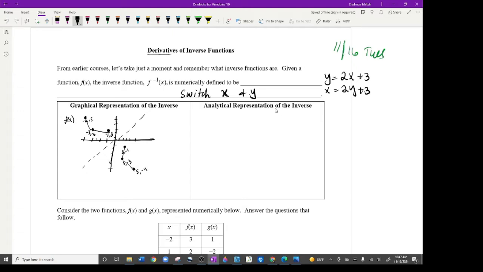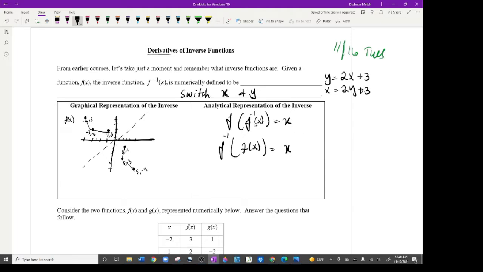Now, analytical representation is gonna be f inverse of f of x is equal to x, or f of f inverse is equal to x. Now, what is that supposed to mean?